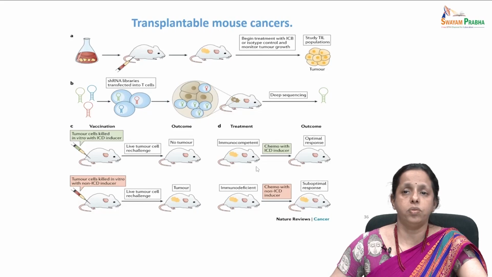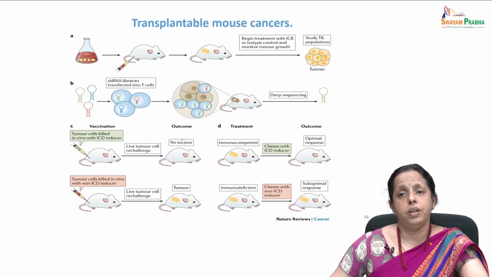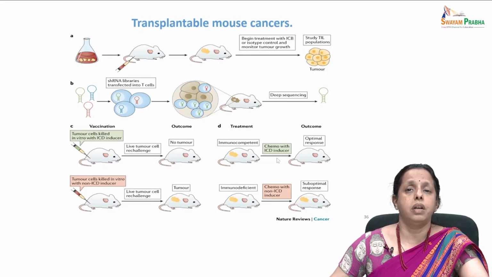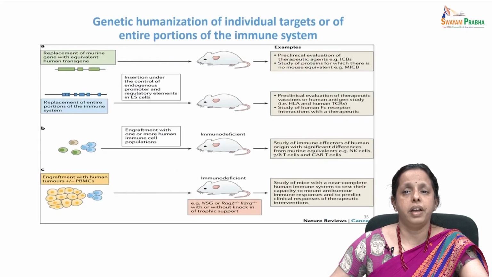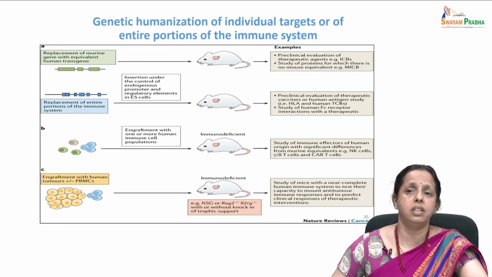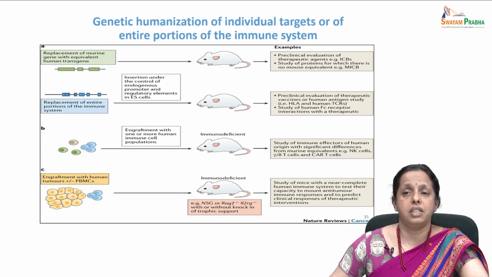First, the vaccination of tumor cells killed in vitro with the ICD inducing intervention elicits a protective tumor antigen specific immune response in the immunocompetent mice, and only mice bearing a major immune deficiency can tolerate a transplantation with the human cells, such as your NSG mice.